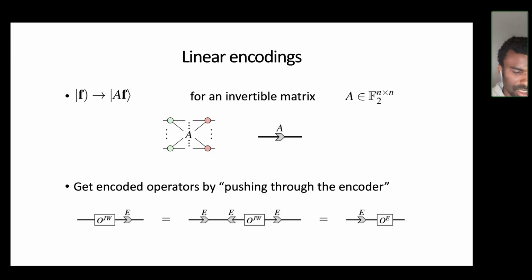So what we want to do is figure out what an operator looks like under this. This is a mapping of states on the state space. But it would be nice if we could see what the fermionic operators looked like after undergoing this transformation.